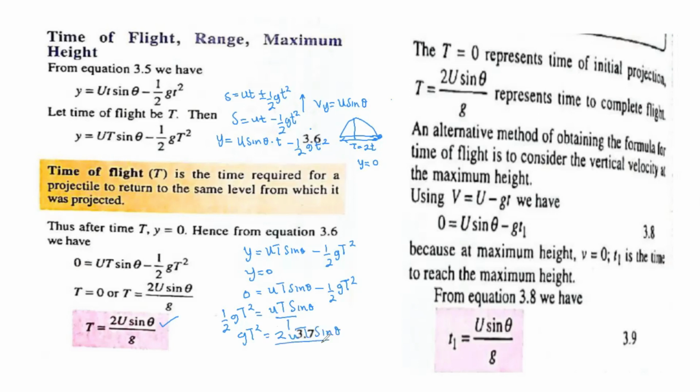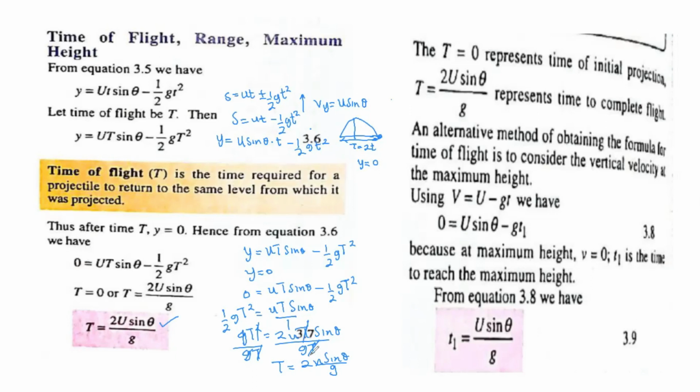Divide both sides by g and t. The t we cancel, one t we cancel. Then what you have is t becomes 2u sine theta over g, because the g has cancelled. That is how they got 2u sine theta over g.